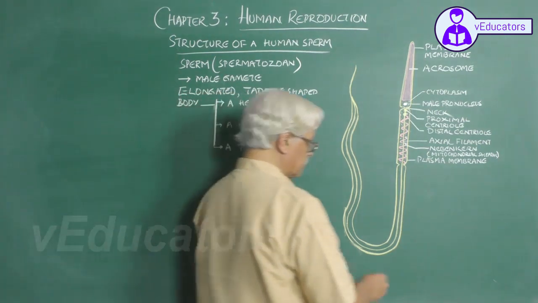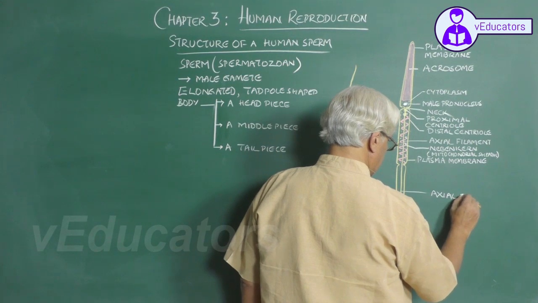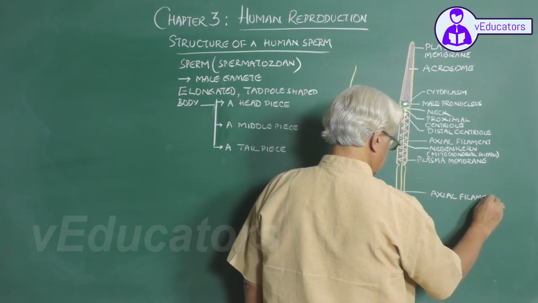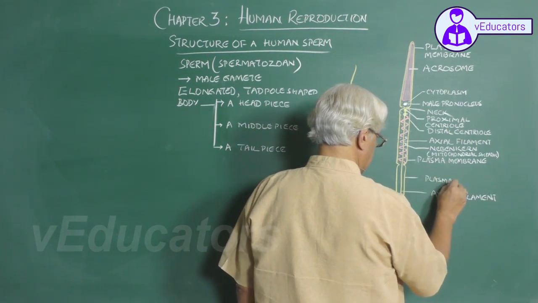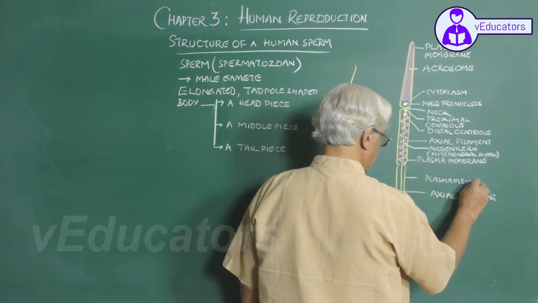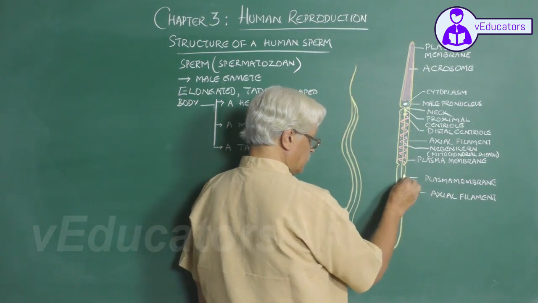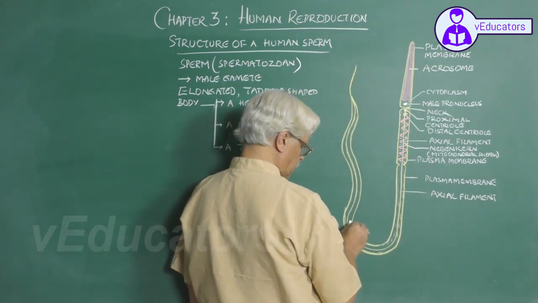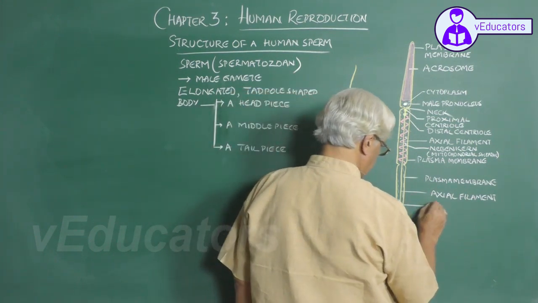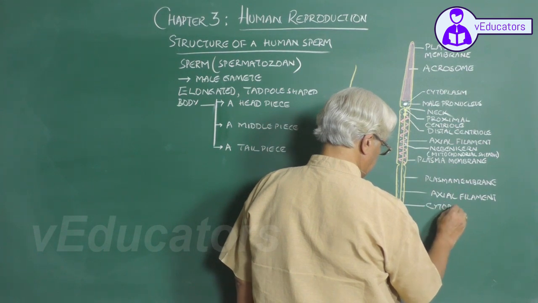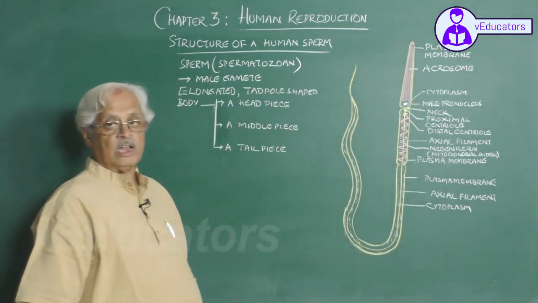All that it contains is an axial filament running throughout its length, surrounded by a plasma membrane and cytoplasm. This is the tailpiece.